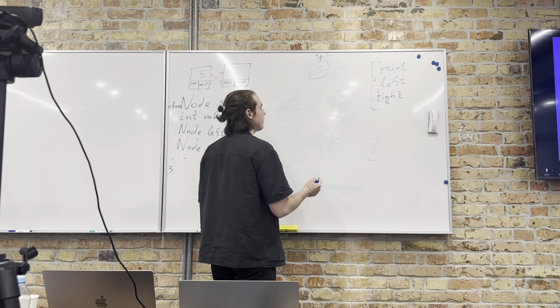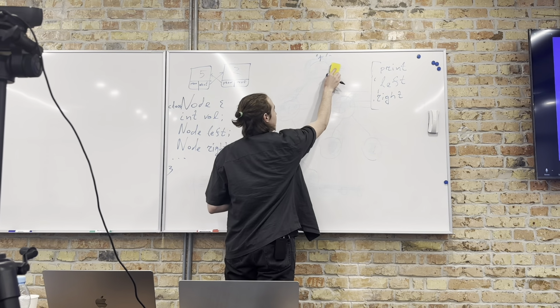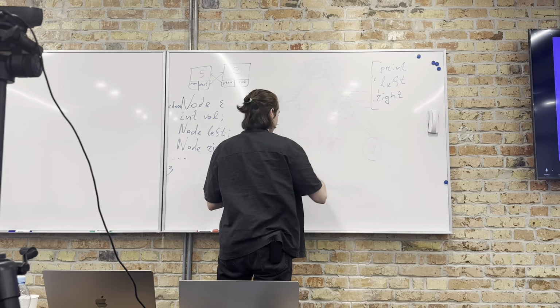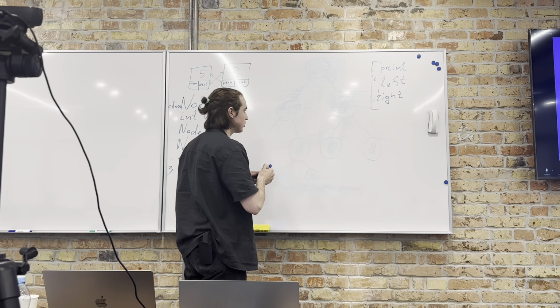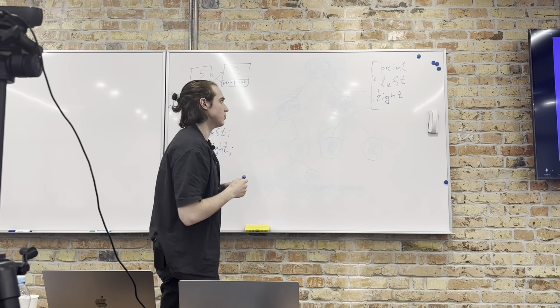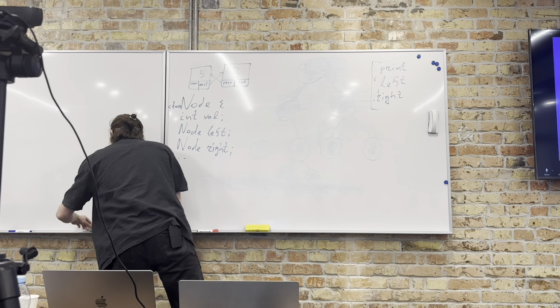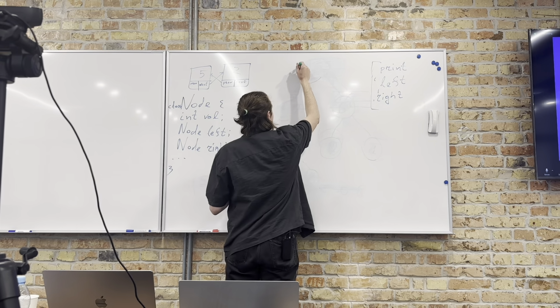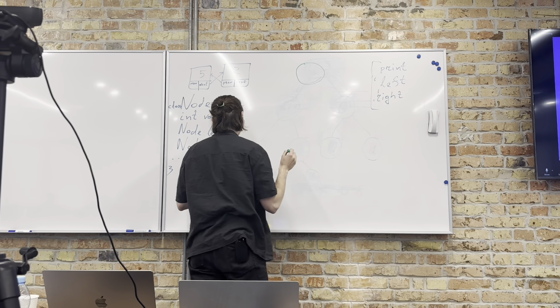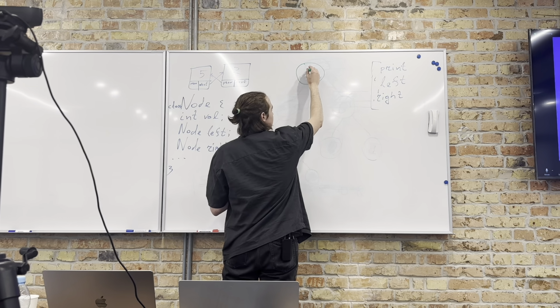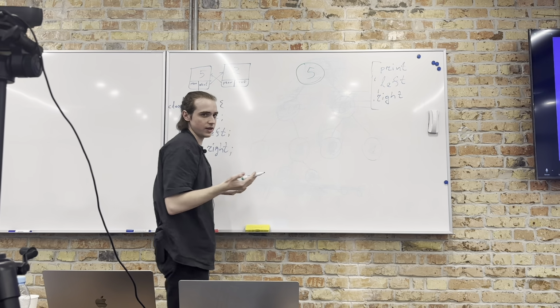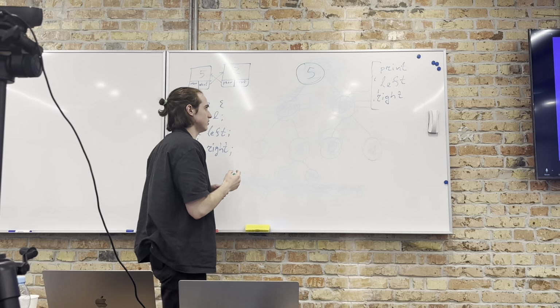If we have an empty binary search tree and we want to add an element, for example 5, we will make 5 our root element, because we don't have any elements before.